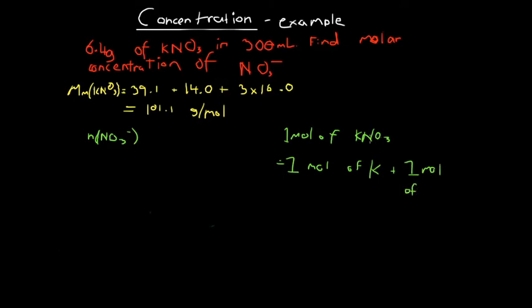Because 1 mole of potassium nitrate means we've got 1 mole of potassium ions and 1 mole of nitrate ions, and they're bonded together. So the mole of nitrate is going to be equal to the mole of potassium nitrate.